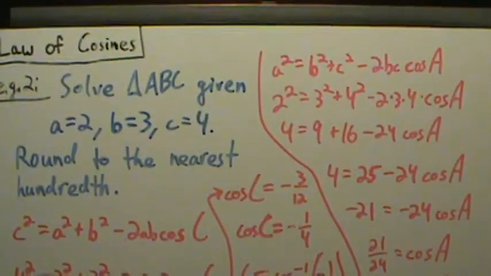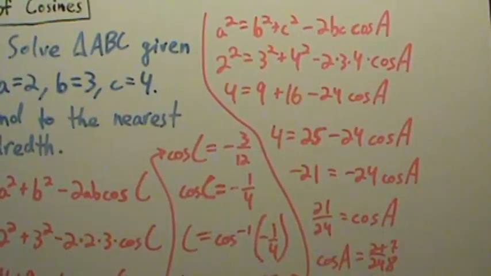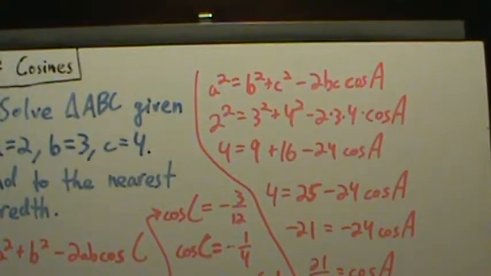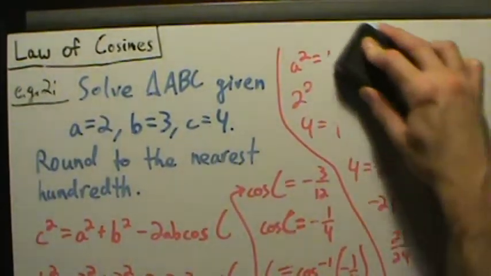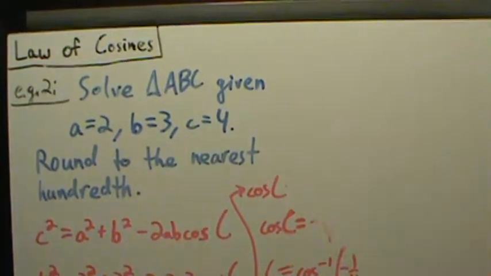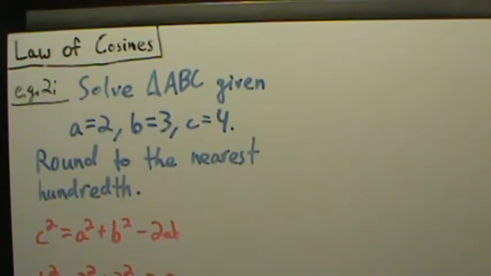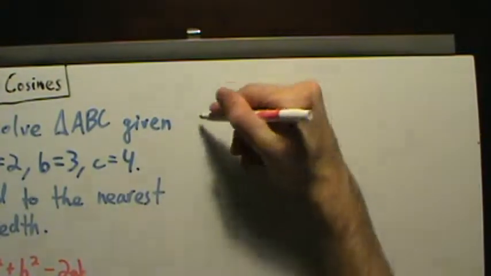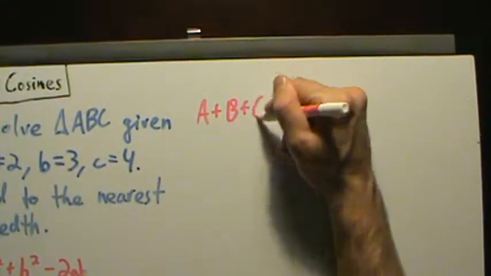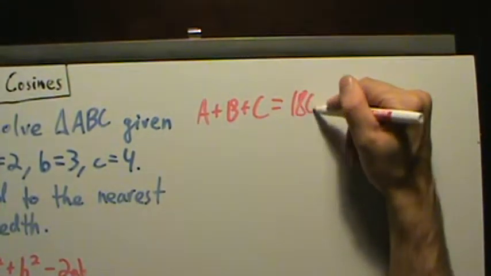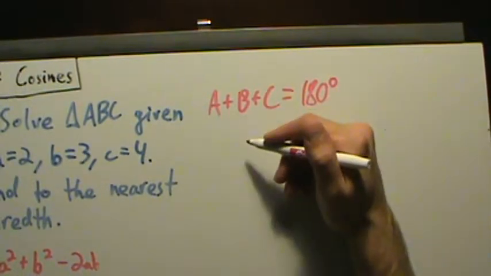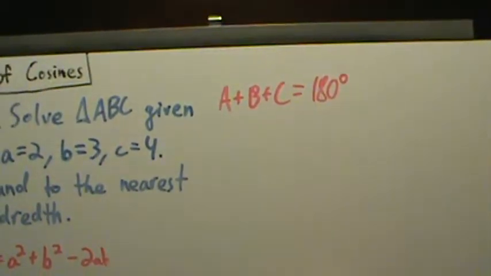Okay, so we have this approximation for A, this approximation for C. Now to find angle B, we could use the law of cosines a third time, but that would kind of be overkill. I think maybe we've got enough practice with that for now. To find angle B, we'll just do what we always do when we have the other two angles. We say A plus B plus C equals 180 degrees.